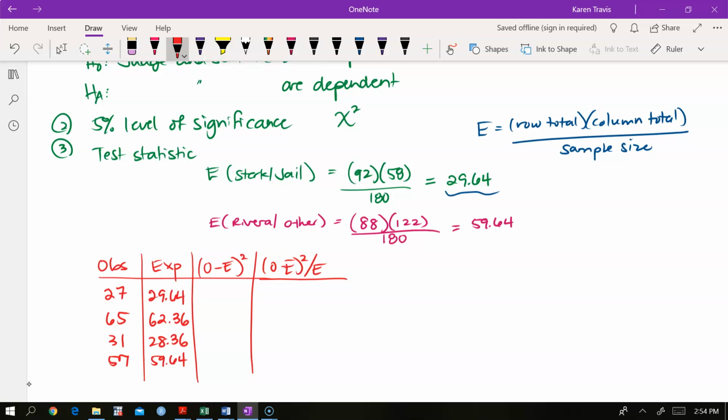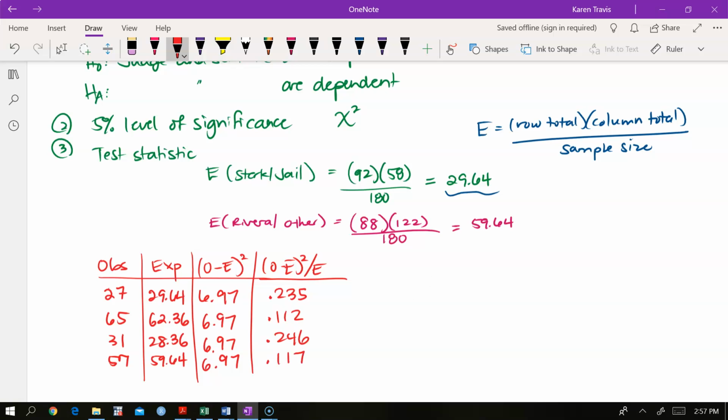If you do these computations for the other columns, filling in the rest, you will get basically 6.97 on every single one of these. But the next column will become 0.235, 0.112, 0.246, and 0.117.